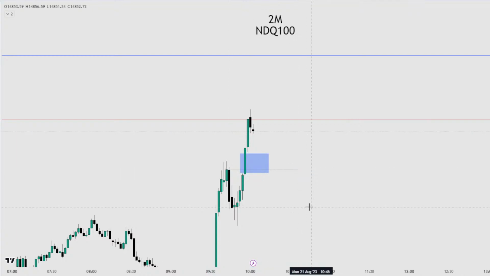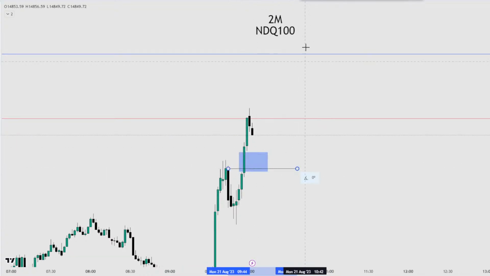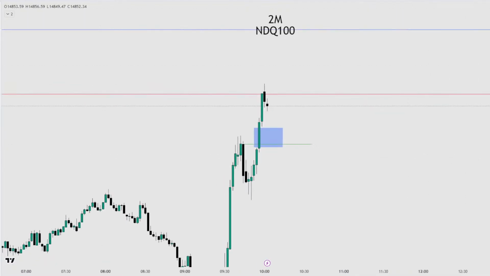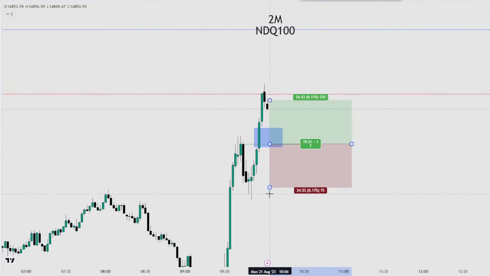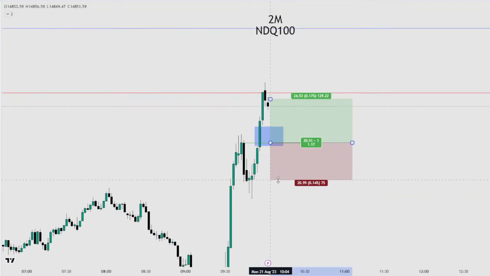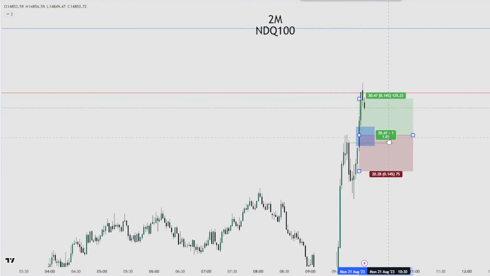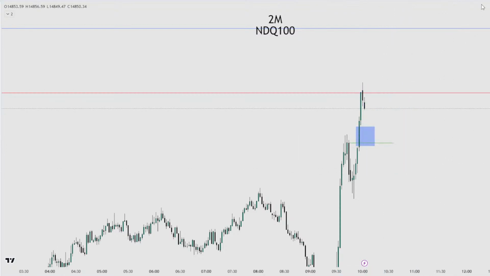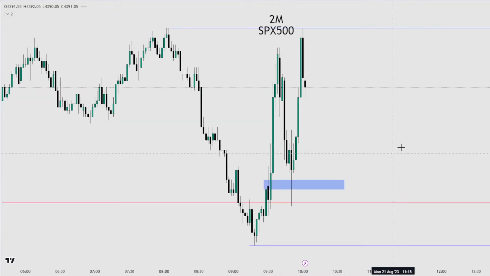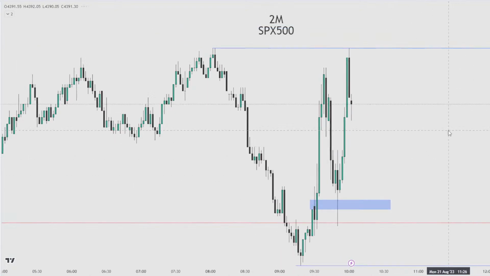Entry from this order block would be nice.